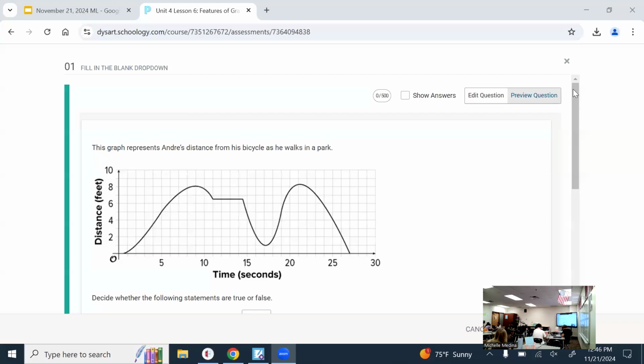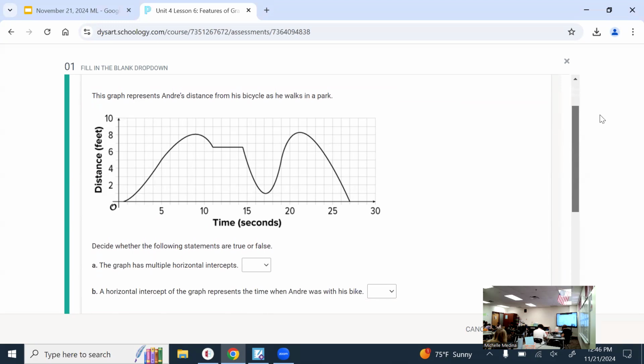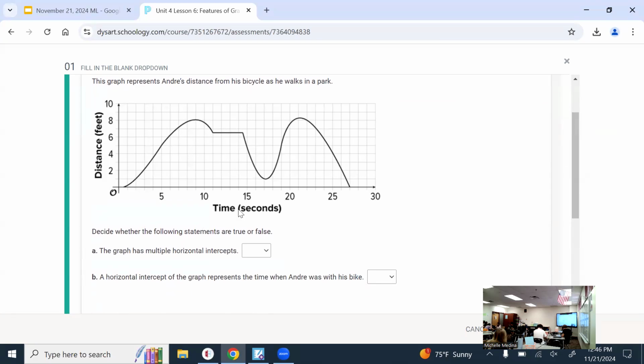Okay, so number 1 on lesson 6: this graph represents Andre's distance from his bicycle as he walks in a park. Decide whether the following statements are true or false. So the graph has multiple horizontal intercepts.